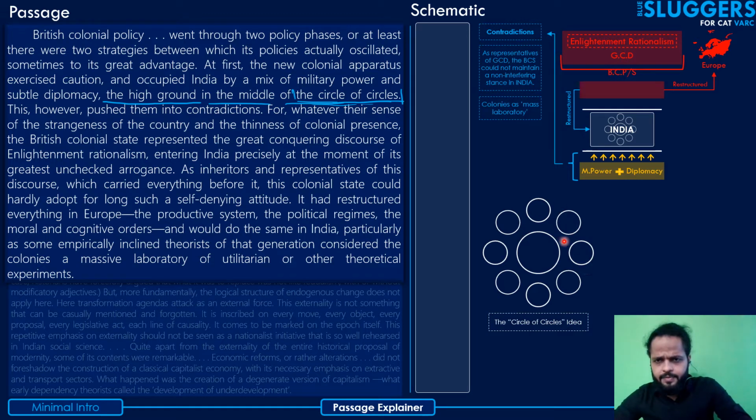So these circles represent a variety of such groups which lived together in the same geographical region, in the same geopolitical space, and they were governed by one central authority, the king, right? To whom this whole kingdom belonged.